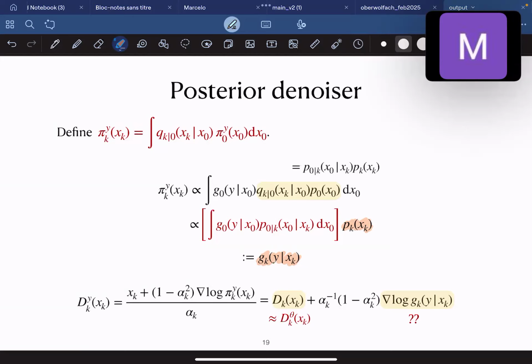So all in all, for any k, you can write pky up to proportionality as the product of gky given xk and pk xk.